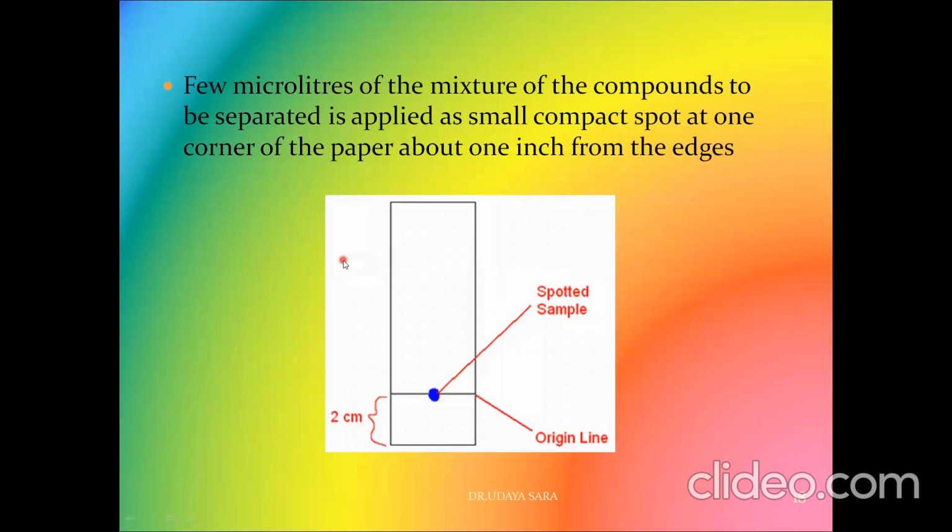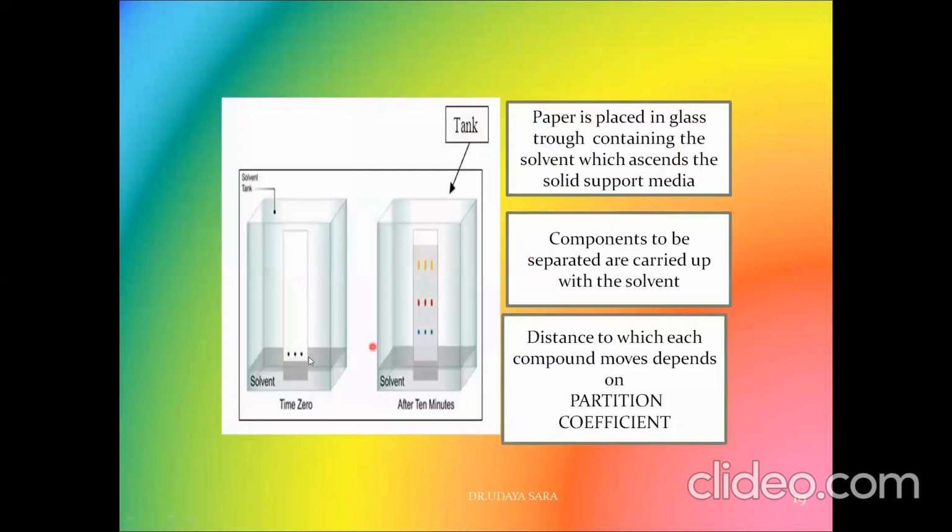So what is the procedure? Here the mixture of components which we are going to separate is applied as a discrete spot, a small compact spot about 1 inch from the edges. Then you keep the paper in a glass trough having the solvent.